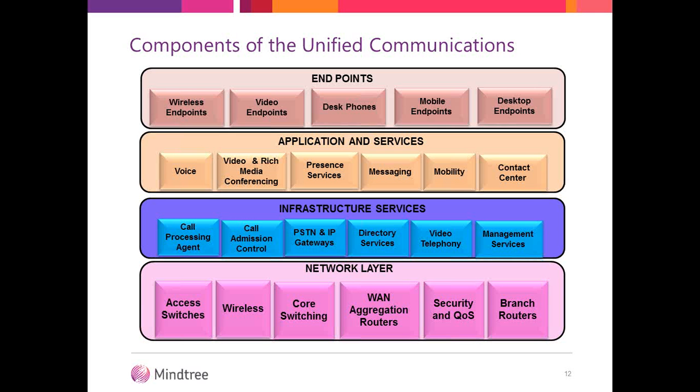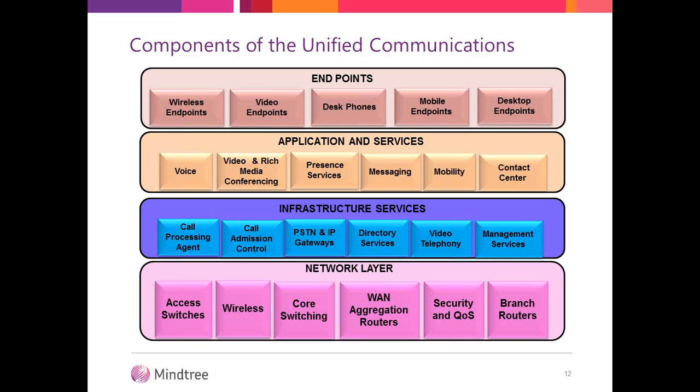The bottom-most layer is the network layer. The network layer is responsible for providing you a very high performance, resilient, secure network. This layer provides the quality of service needed to ensure that applications have uncompromised access to their network services.